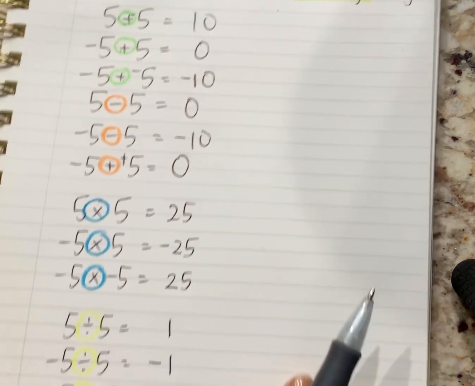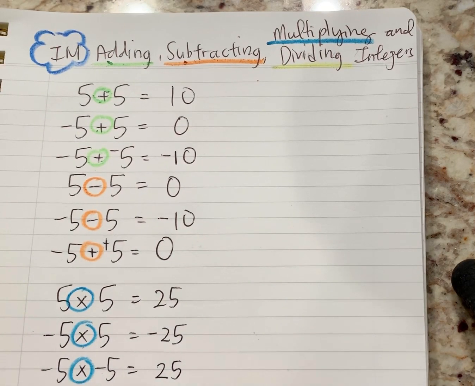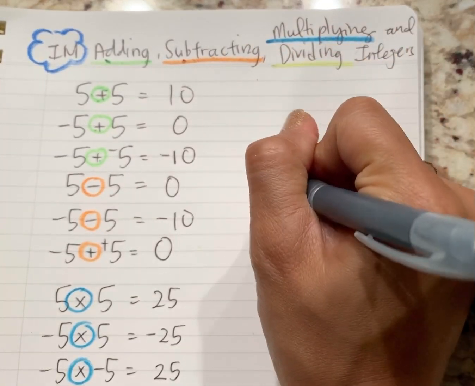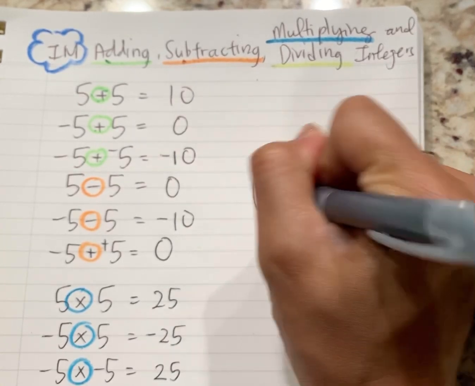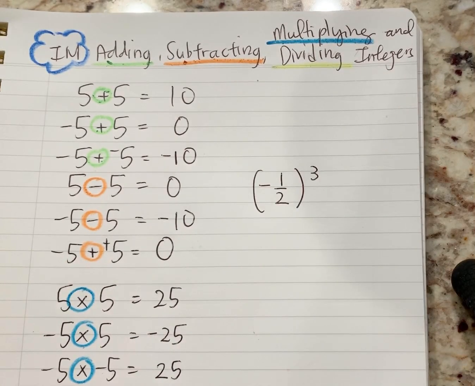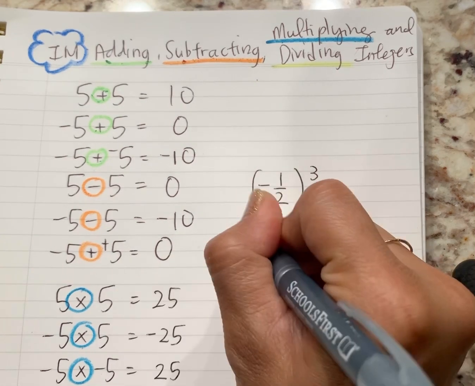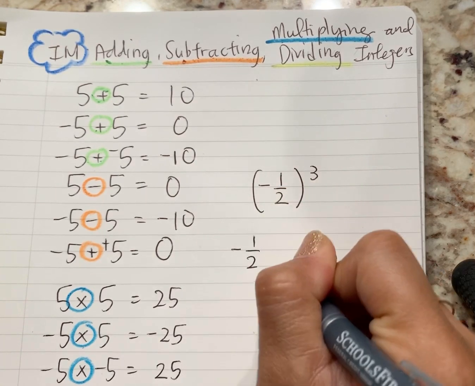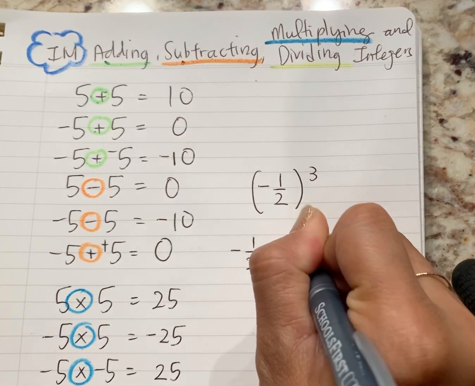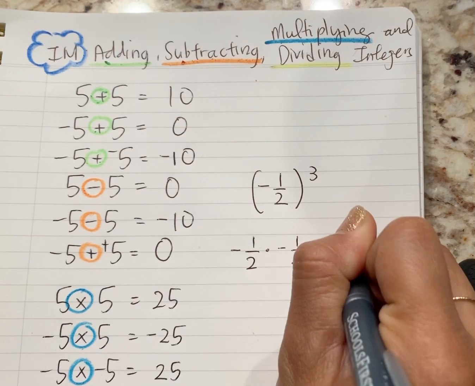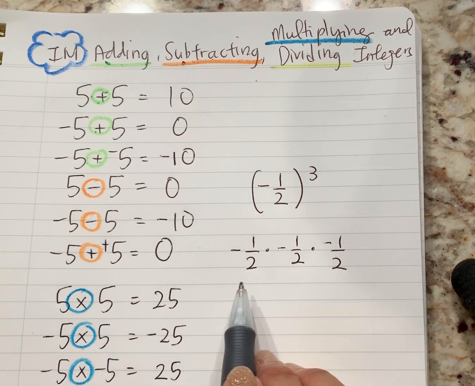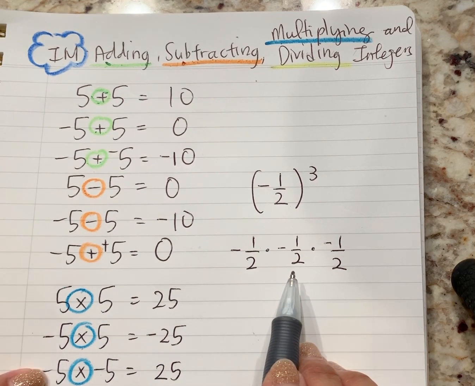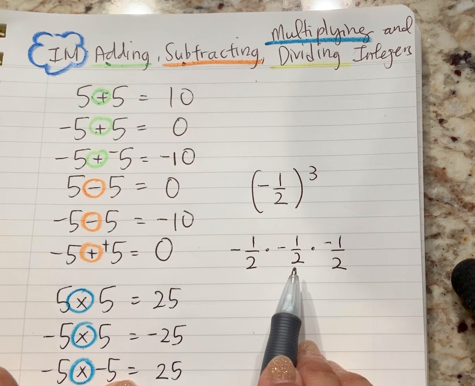Now, in the worksheet, you might find that you see something like this: negative 1/2 to the 3rd power. This is going to look like negative 1/2 times negative 1/2 times negative 1/2. So if we multiply a negative times a negative, you get a positive, right?